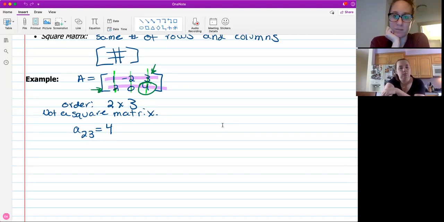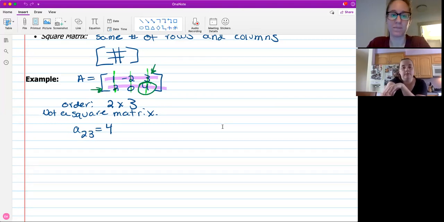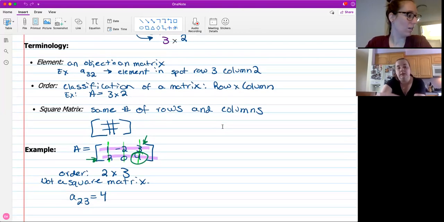Yeah, you're just putting all that into practice. That's basically it. Main thing to take away, guys, order is just how we're classifying matrices. Most matrices are labeled using capital letters. So we have like matrix A, we have matrix B, C, and so on.